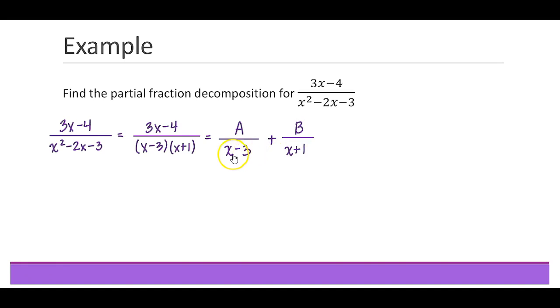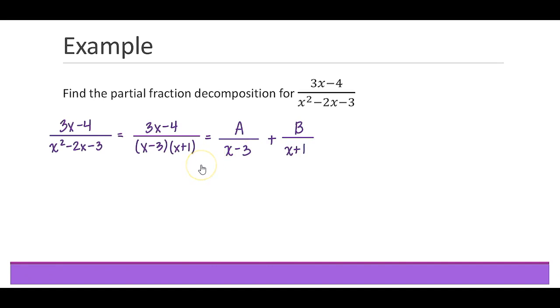Well, the whole idea is that when we add these back together, they should give us our original rational expression. So we're going to go ahead and think about adding these generic pieces back together now.